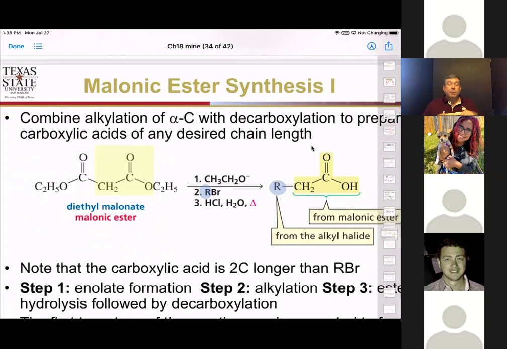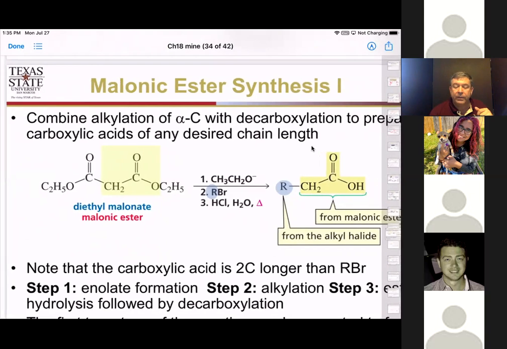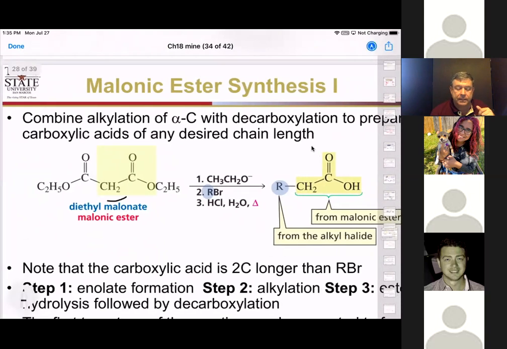Okay, now remember in our dicarboxylic acids, we had oxalic, malonic. If we make the diester of that malonic acid, we end up with a single set of alpha hydrogens. And that single set of alpha hydrogens is right in between two carbonyls, and it's particularly easy to make our enolate ions from these alpha hydrogens, okay?